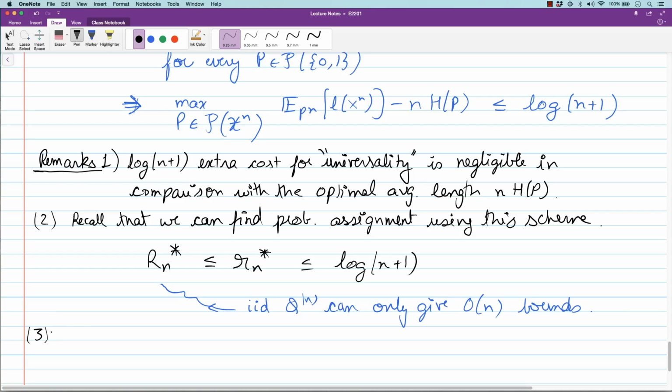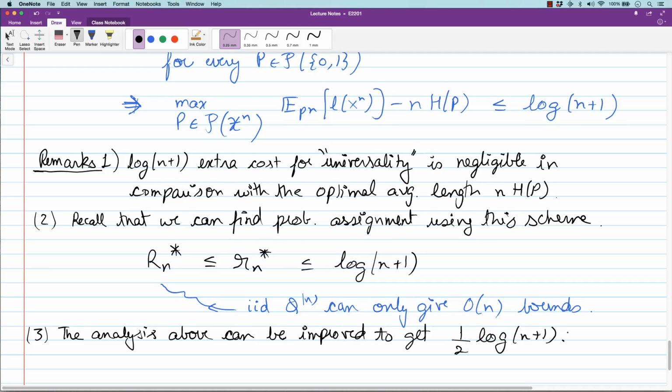And the last point is that the analysis above can be improved. This log n that we have can be improved, just by a more careful analysis, to get half log n.